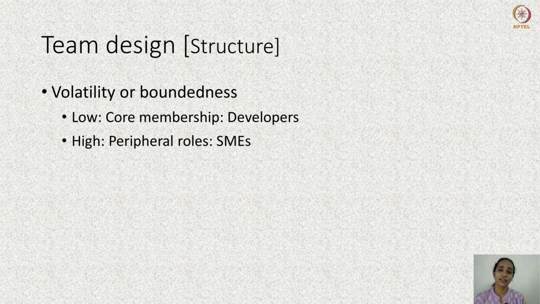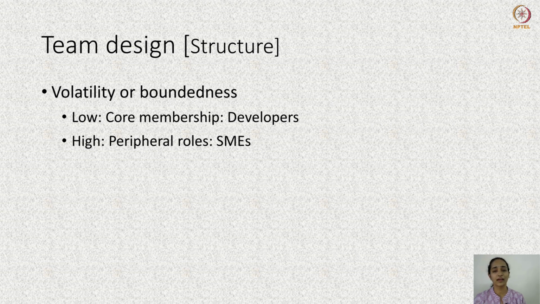Therefore, you will see that Agile teams have dedicated members and that most of the core members, that is the developers in the example of the software development team, are mostly working only in one team and do not leave the team till the end of the sprint.